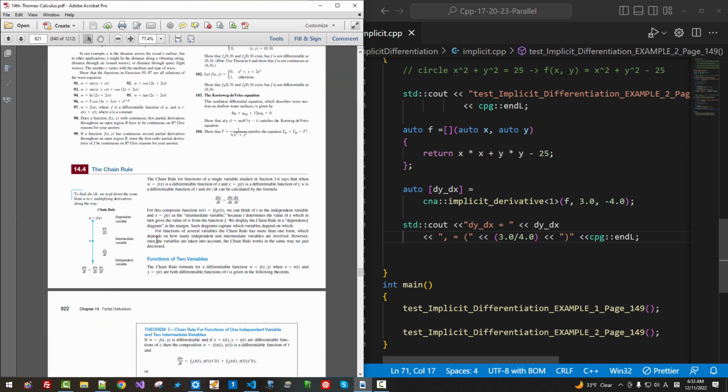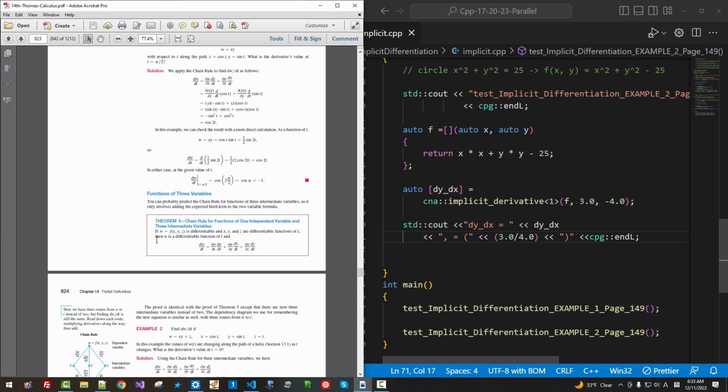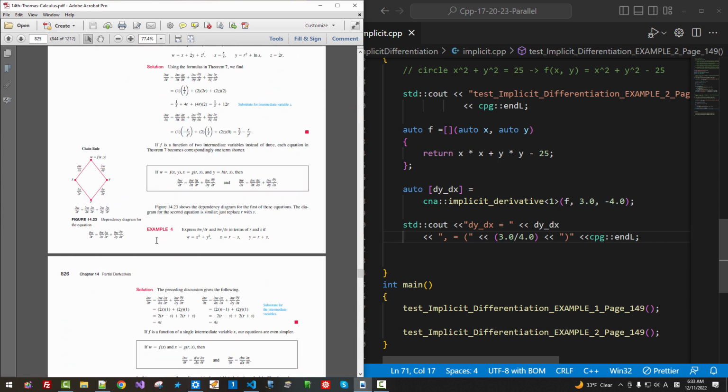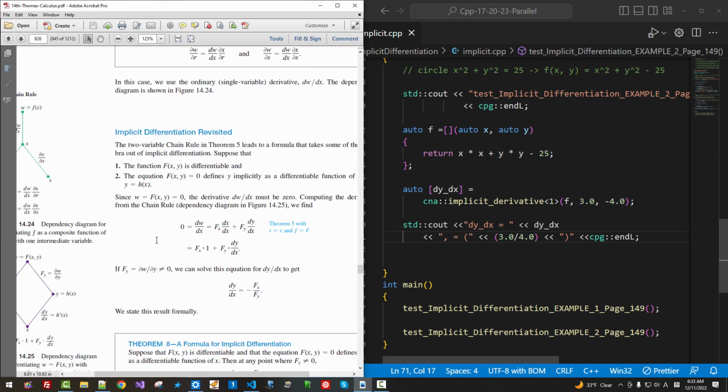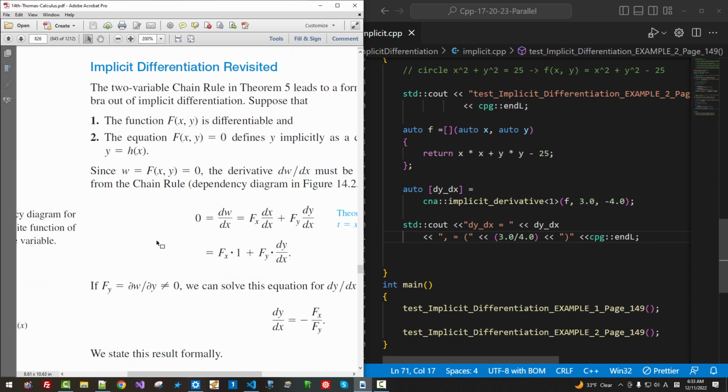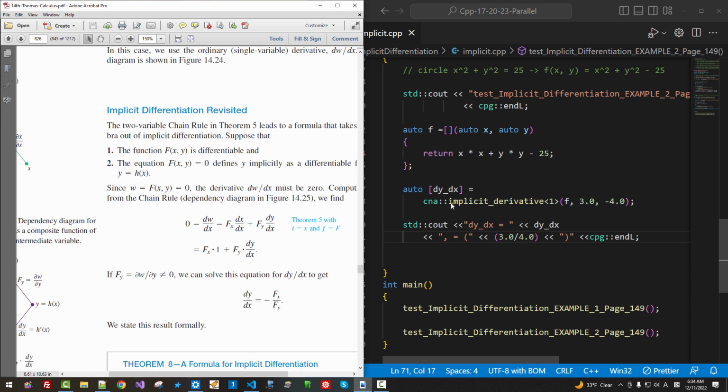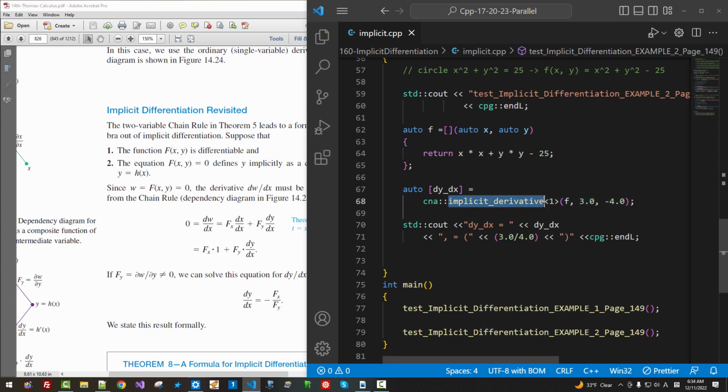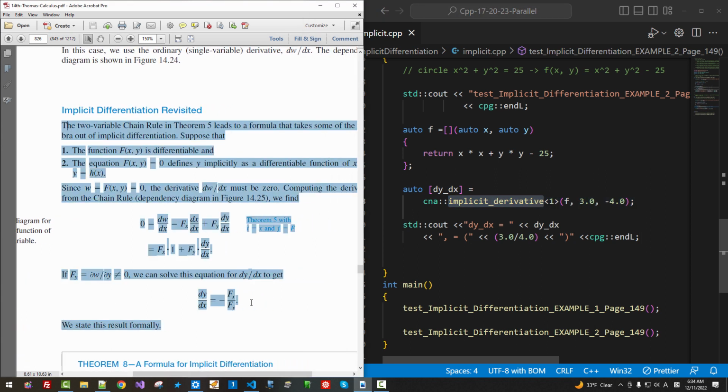If you scroll down in page 826, you can find the algorithm behind implicit derivative. This algorithm is implemented using this theory explained here.